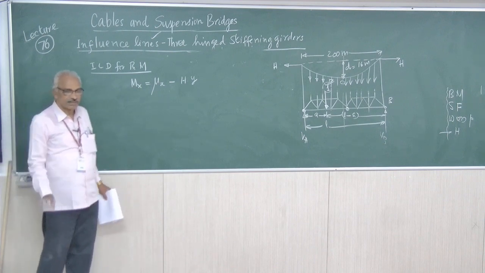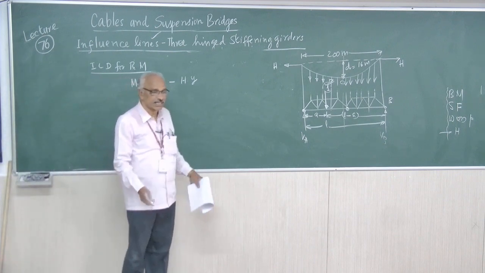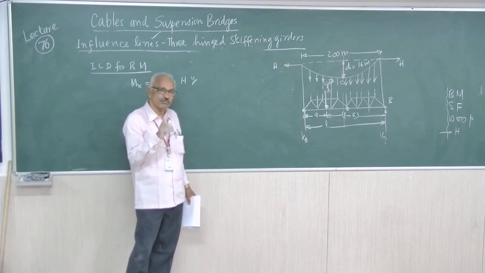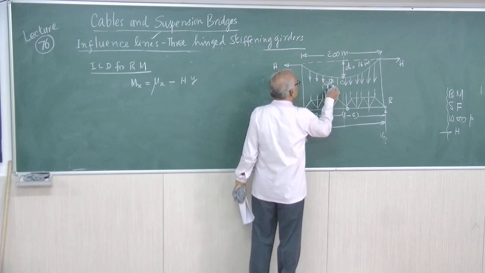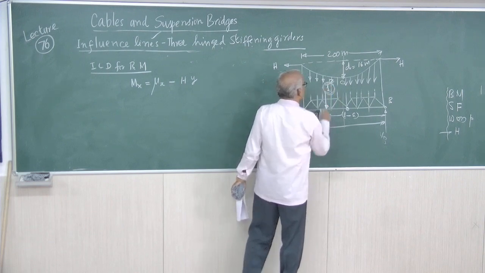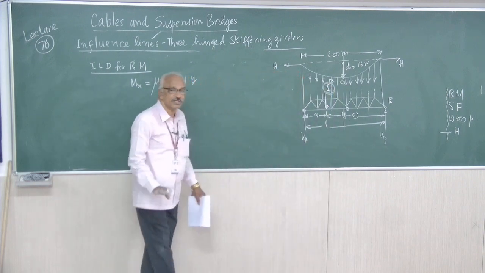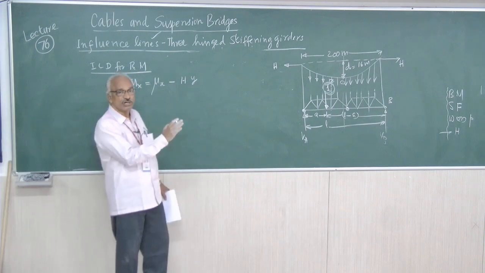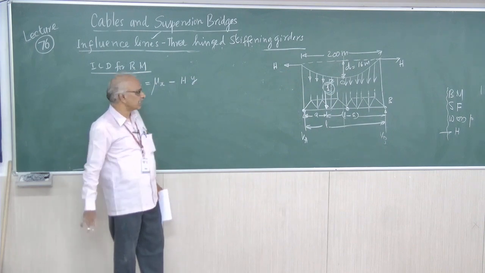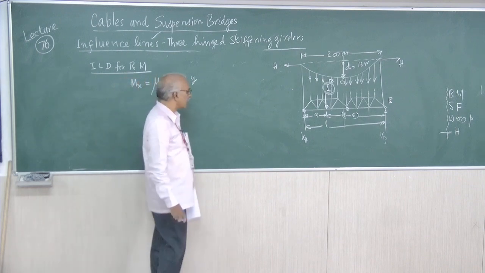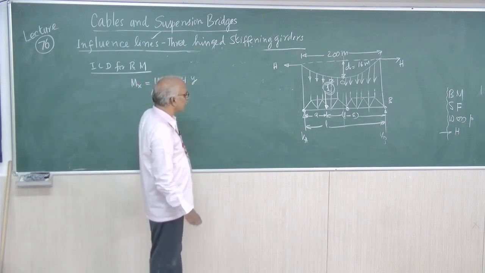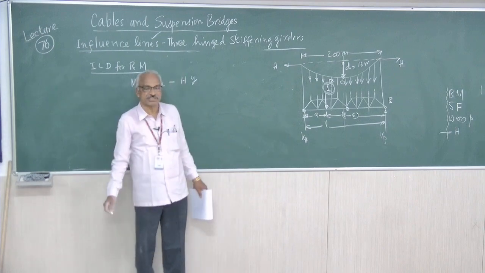Now here we are going to draw the influence line diagram. We have considered moving unit load. So we are not bothered about any other rule. We are going to consider, for all calculation, moving unit load. So now the moving unit load is at a distance x, A from the left hand support. Now already we have done under beams.